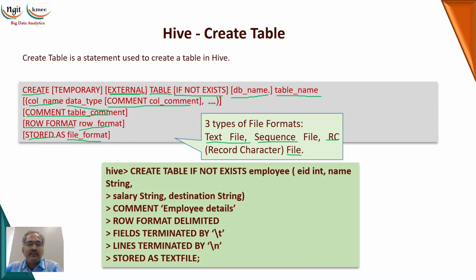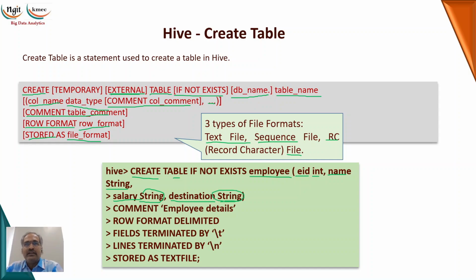And a simple example for creation of the table is, see here, create table if not exists employee of EID int, name string, and then salary. Salary, actually, it is not the string. Actually, we can view that as a number. Okay, and then integer, and then destination, or designation.